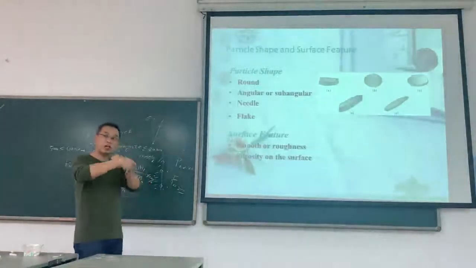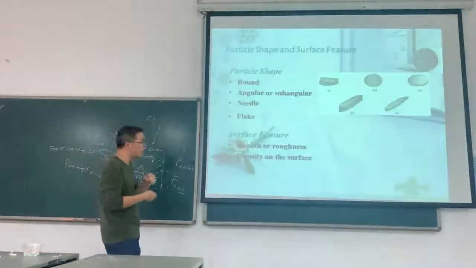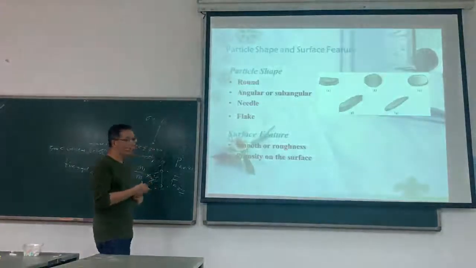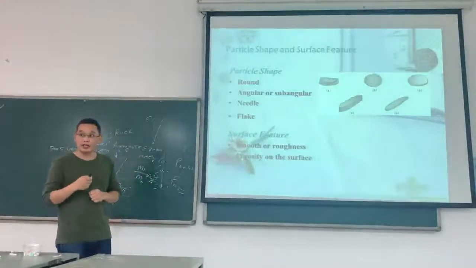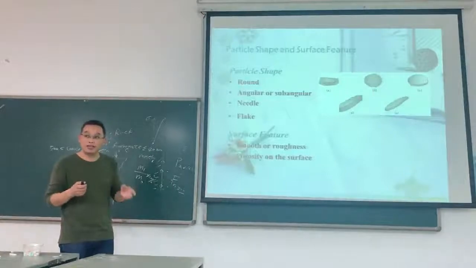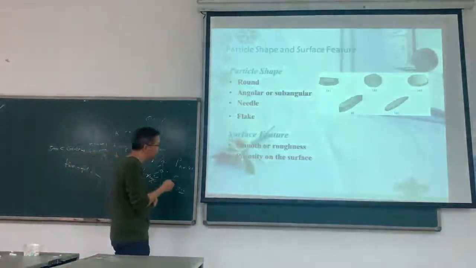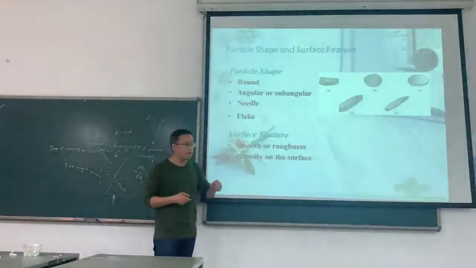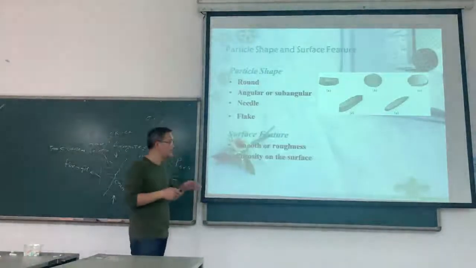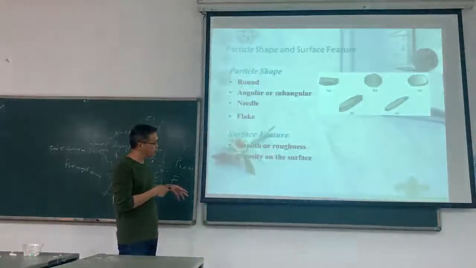Naturally, the surface of the aggregate is very smooth. And the roughness, what is the roughness? Especially for the manufactured aggregate or the crushed stone, crushed sand, the surface is rough. And then it's related to the porosity on the surface. If the porosity is big, it always means roughness.